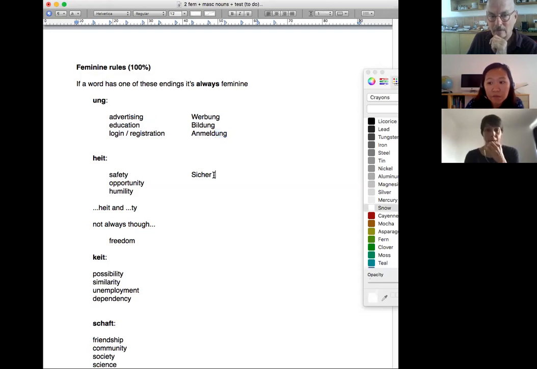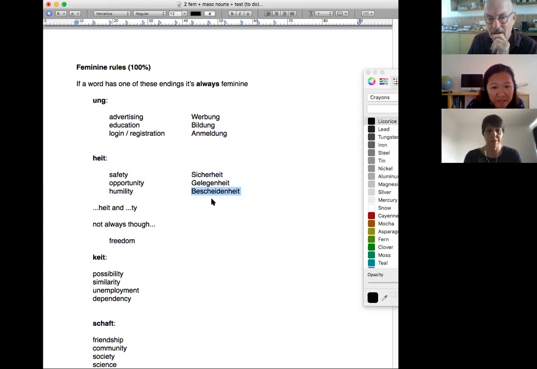Here's one. Safety. Sicherheit. Opportunity. Gelegenheit. This is humility. You probably won't know that one, but I really like that word.